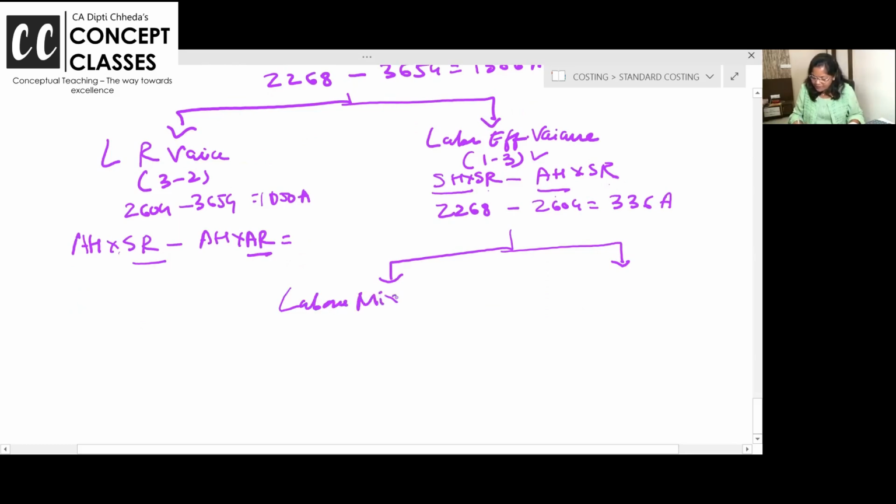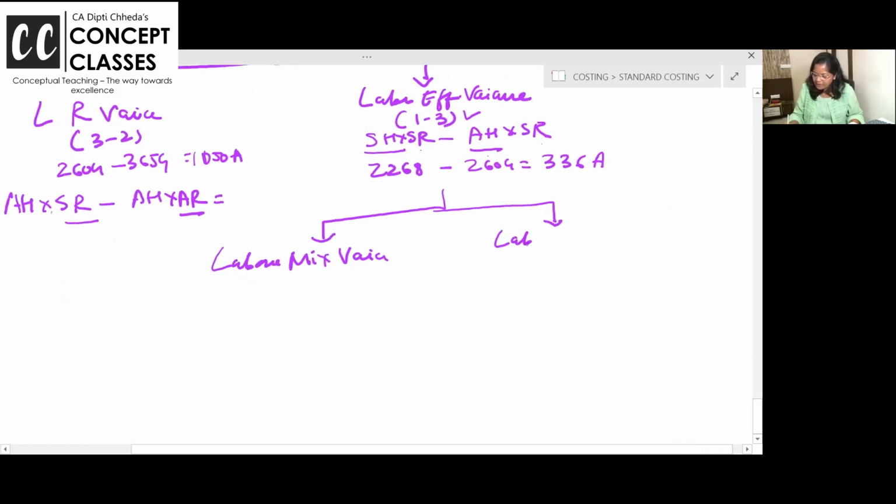Labor mix variance, labor sub-efficiency variance. Then it was mix and yield: 1 minus 4, 4 minus 3.